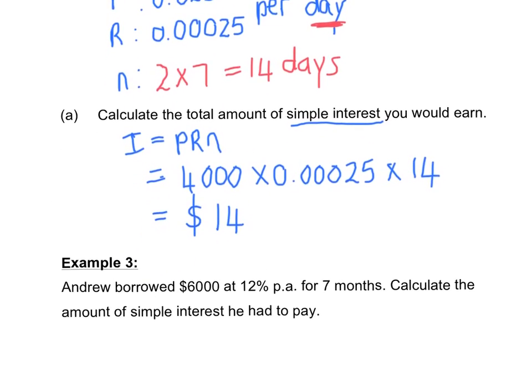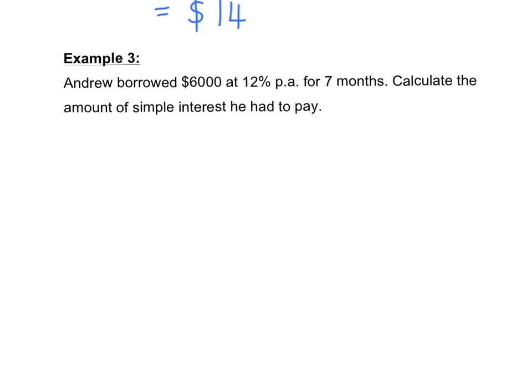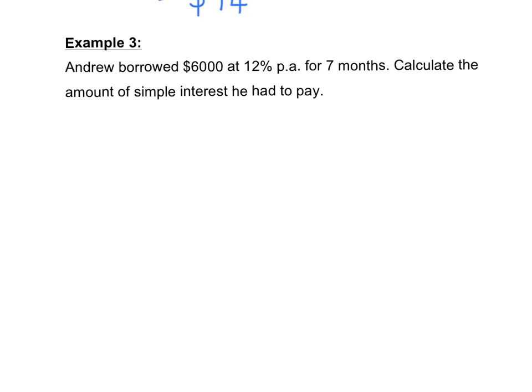Let's look at example 3. Andrew borrowed $6,000, that's the principal, at 12% per annum. Interest rate is therefore 12, or if we want to use uppercase R, we will have to divide it by 100 first and use 0.12.